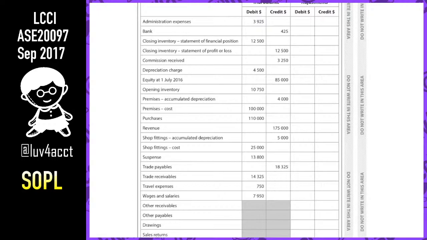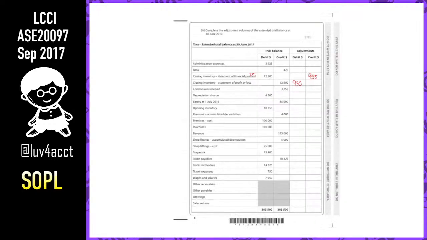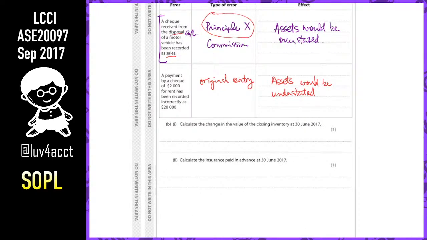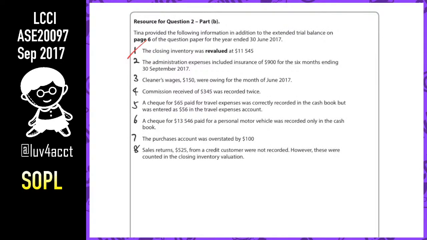If we want to reduce the amount in the statement of financial position, we credit 955, and then debit the item in the statement of profit or loss, the adjustment being a 955 reduction, a decrease of 955. Item 1 finished.